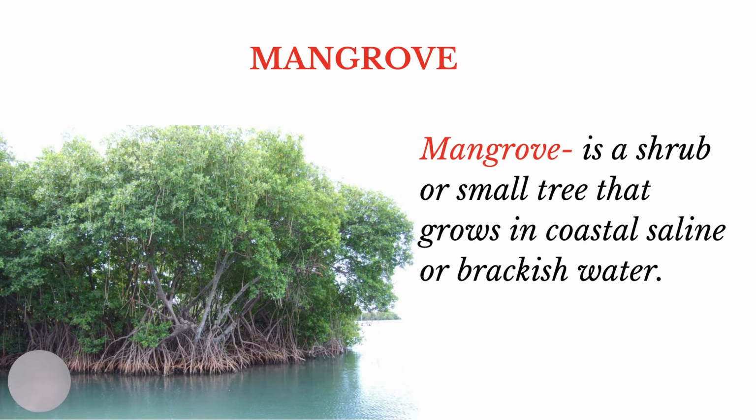All right, so we have our mangrove swamps. So our mangrove swamps, as you can see, it's close to the sea. Notice the roots are elevated a bit out of the water in order to help the plants to breathe a bit. That is one way in which it adapts to the waterlogged condition.